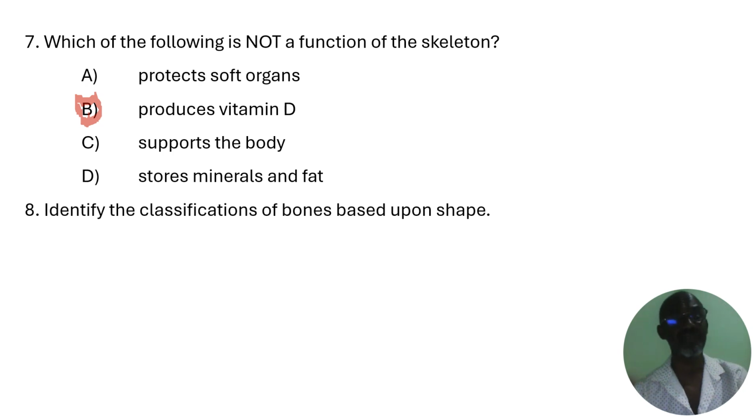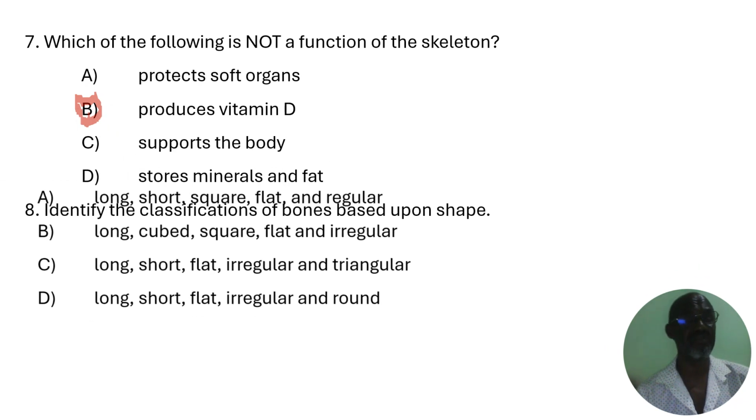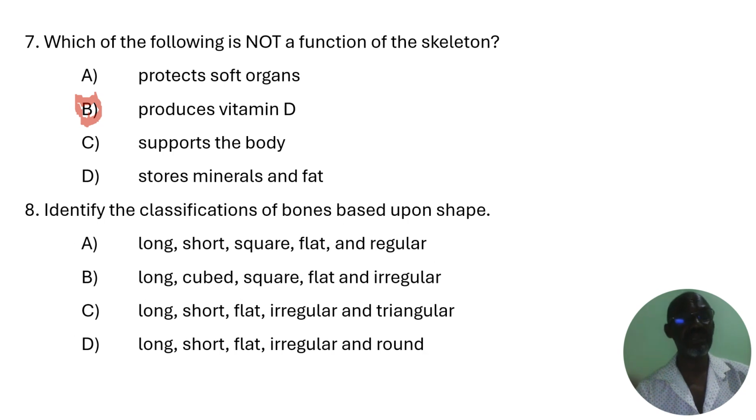Question number 8. Identify the classification of bones based upon shape. We classify long bone, short bone. There is no such thing as a square bone. Long, cubed, square, flat, and regular. We also don't have cubed and square.